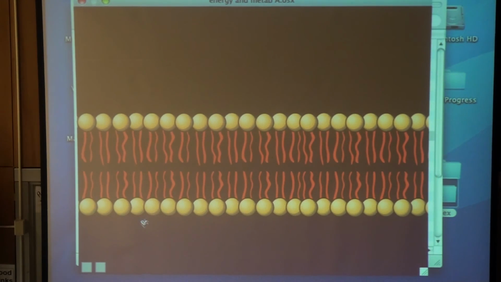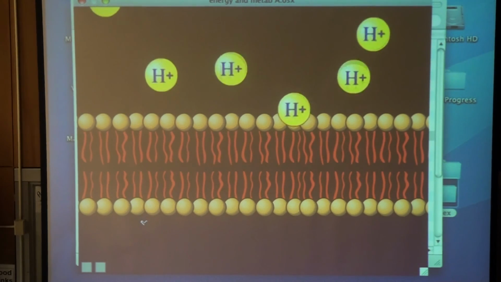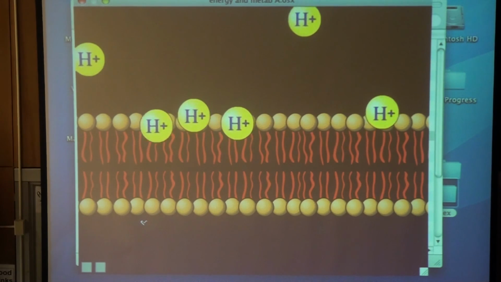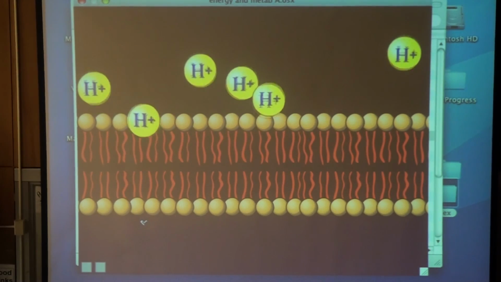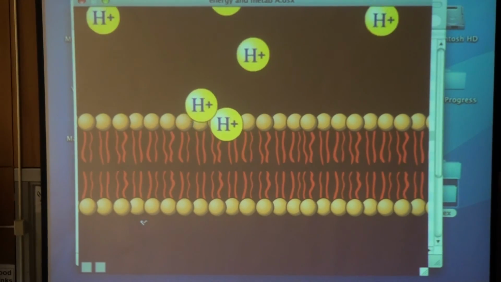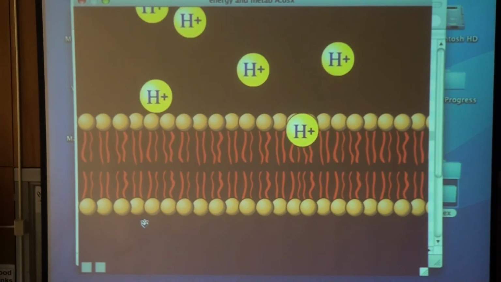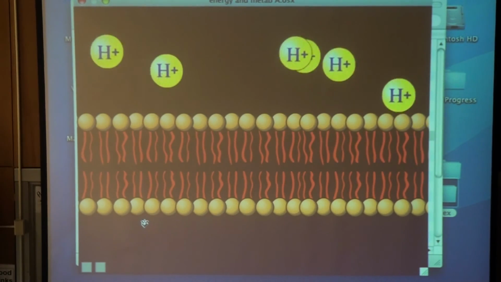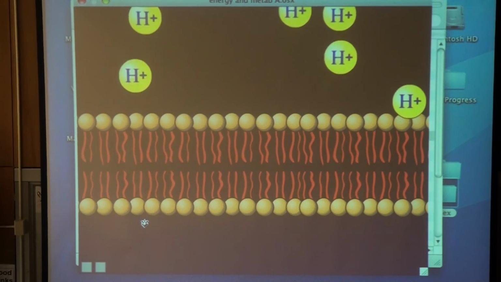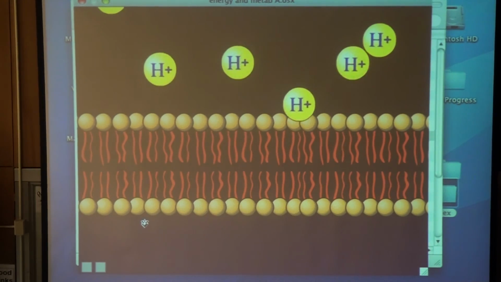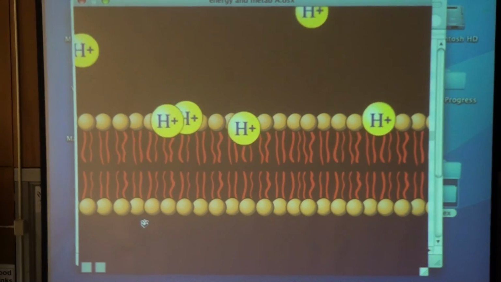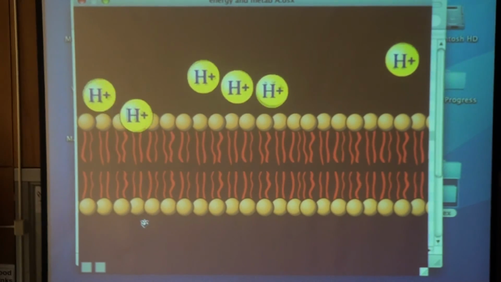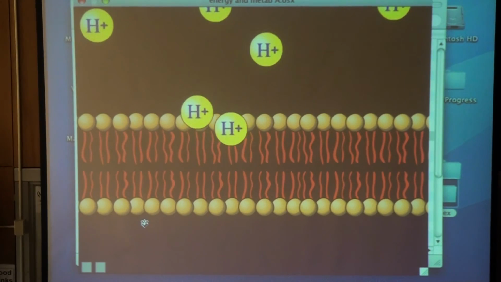So the membranes of the cell play the role of the dam, and the solute molecules play the role of the water. Now here I'm going to be using hydrogen ions as the solute molecule, because oftentimes these are the solutes that cells use to create concentration gradients for the purposes of storing energy.